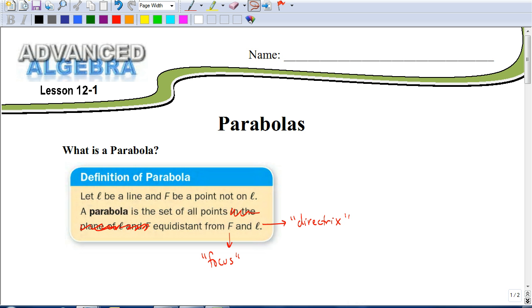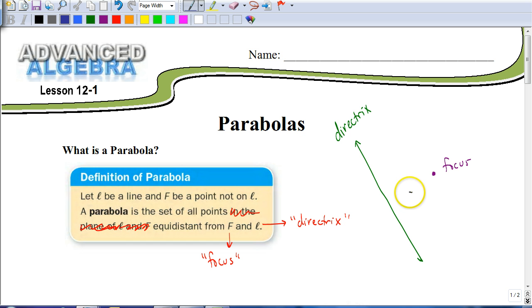So here's what I mean. Let's say, for example, we have a line like this. This would be the directrix. And then if we create a point, that is the focus.